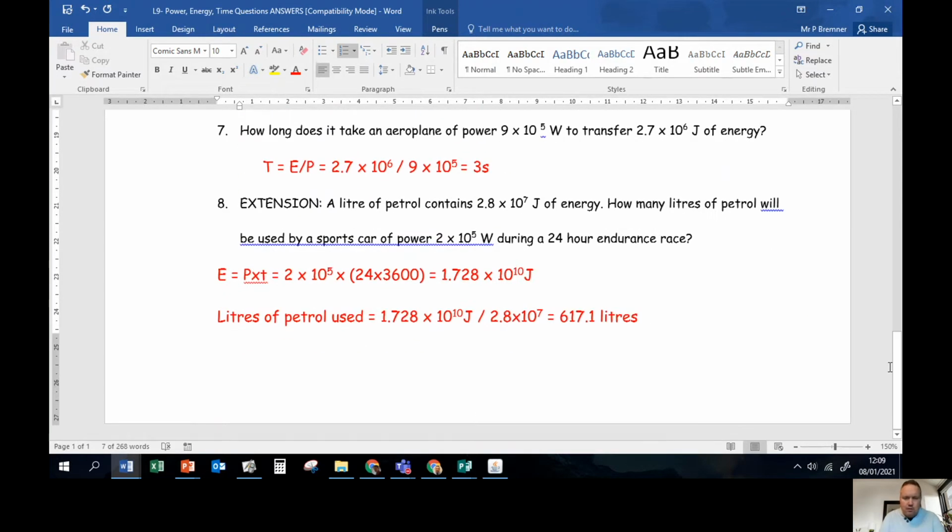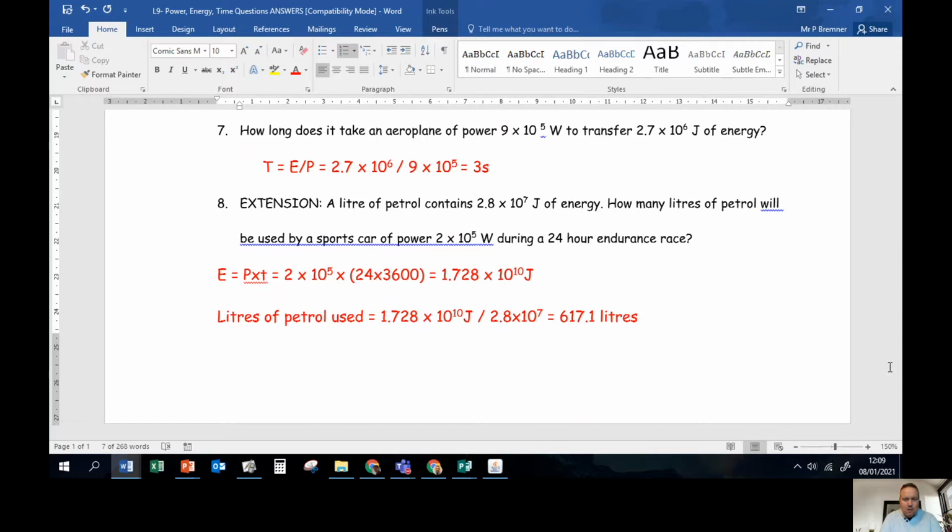First thing you needed to do was calculate how much energy was transferred. So that was power multiplied by time. And you needed to convert the 24 hours into seconds. So if you've done that calculation correctly, you should have figured out that it was 1.728 times 10 to the power of 10 joules of energy transferred. So you needed to work out how many litres of petrol that was.